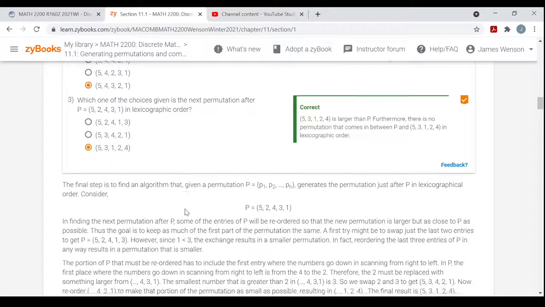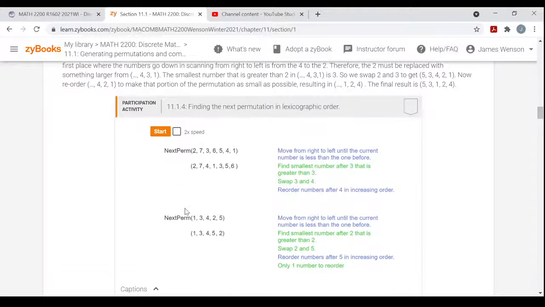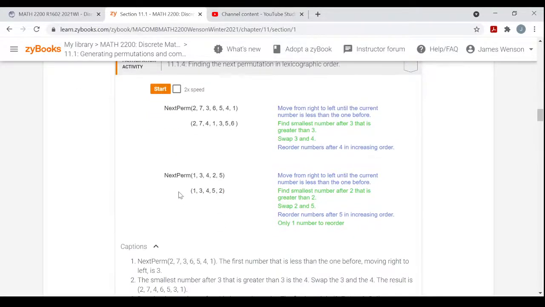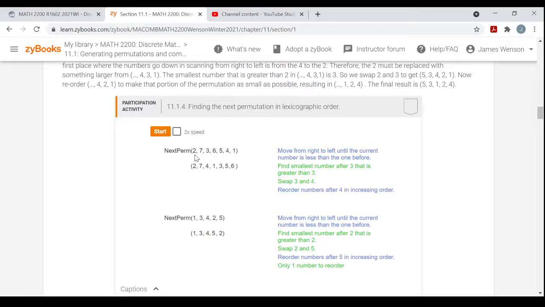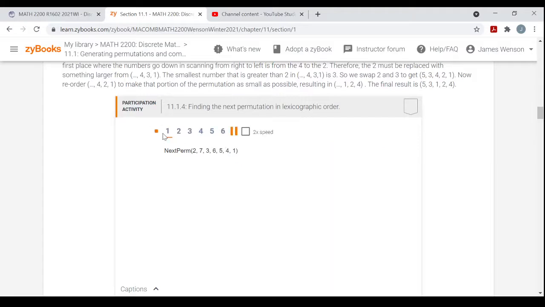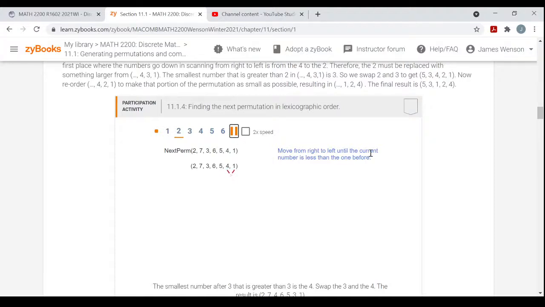Now they talk about a little procedure how to do that in this animation, and I'll show you. So if I said, what's the next permutation after 2, 7, 3, 6, 5, 4, 1? So here's the procedure, right, to very systematically get the next one in lexicographic order. You move from right to left until the current number is less than the one before it.